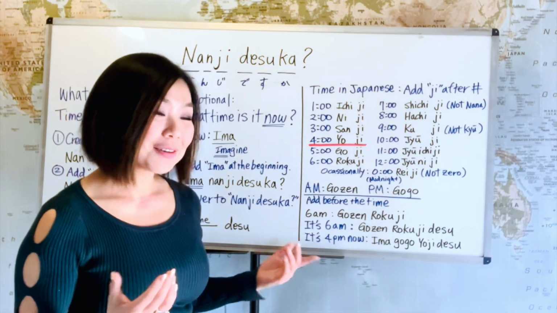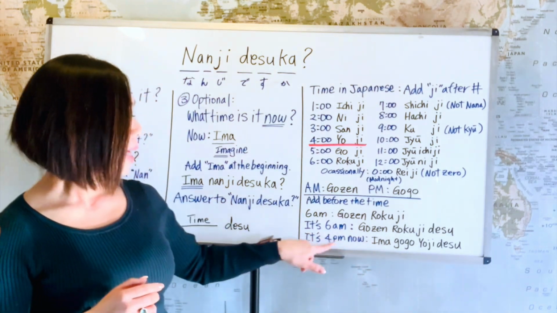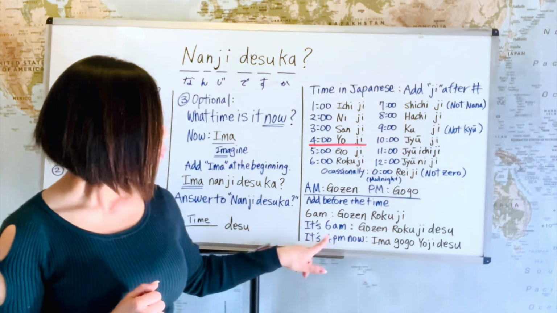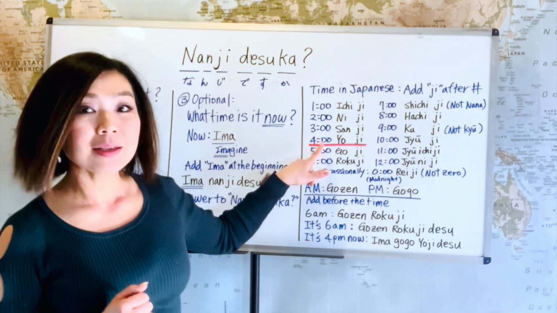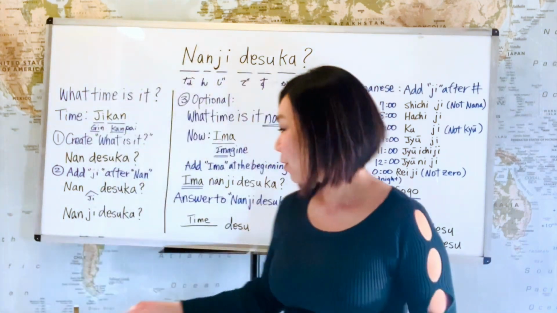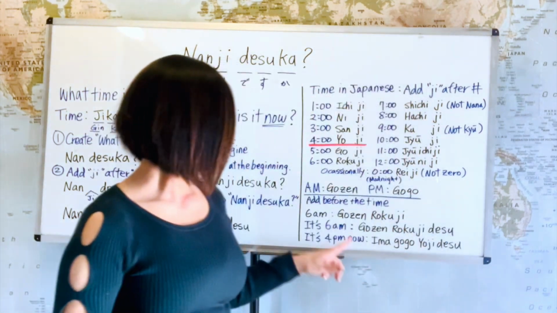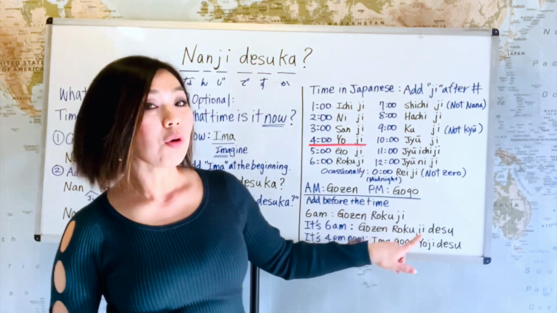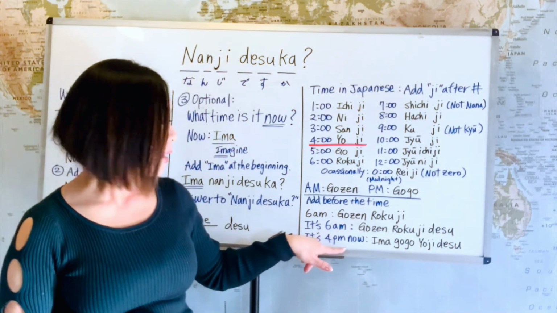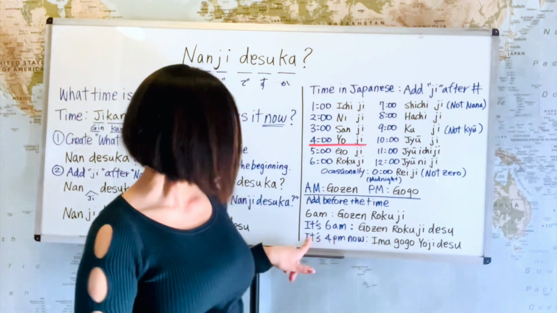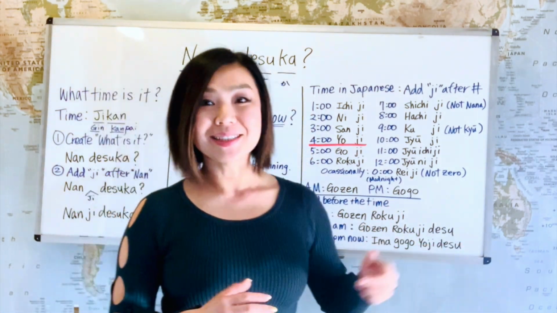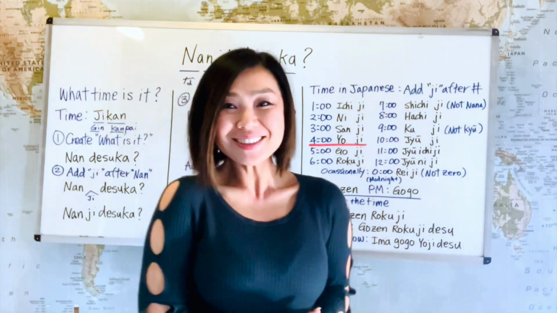That's 今, right? 今, and then you say PM, which is 午後. And then 4 o'clock, 4時. And then you're going to add desu. So 今午後4時です. Do you see it? It's like now, PM, 4 o'clock, then desu. 今午後4時です. That's how you can answer it.